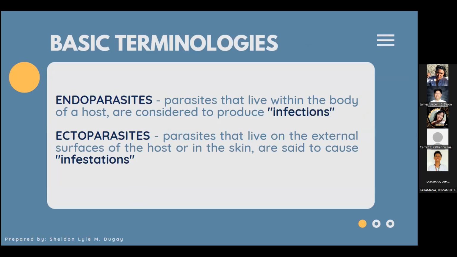These are parasites that live within the body. Endo means inside, so the parasite is inside the animal's body. When they multiply inside the animal's body, we call that infections. Ectoparasites, from ecto meaning outside, live on the outside, and we call that infestations. So don't get confused. Endoparasites, infections. Ectoparasites, infestations.